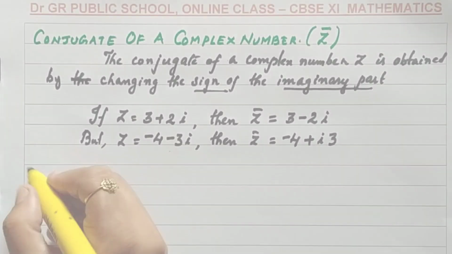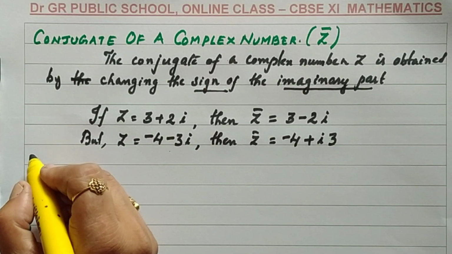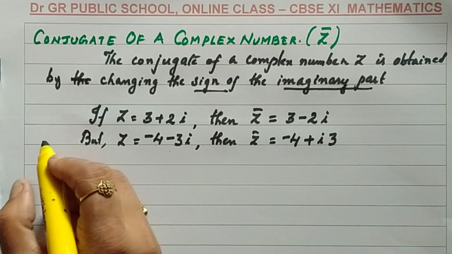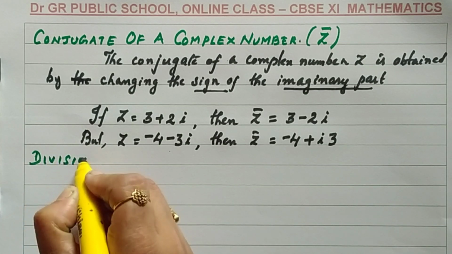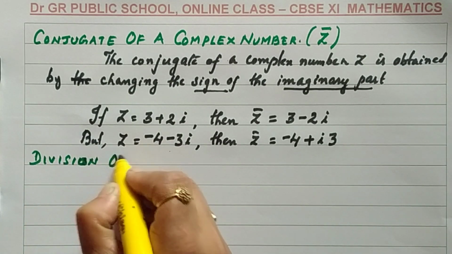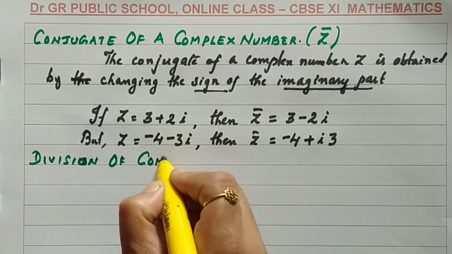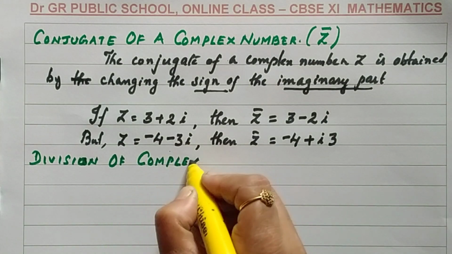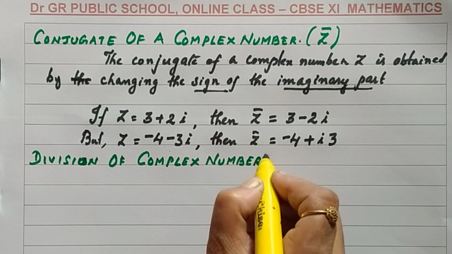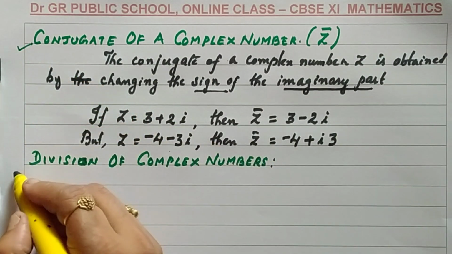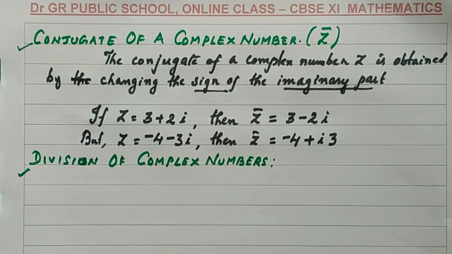See the last property that we studied: addition, subtraction, multiplication, the conjugate, and now we are going to study division of complex numbers. That seems to be a very important section. The conjugate as well as division, both are important.